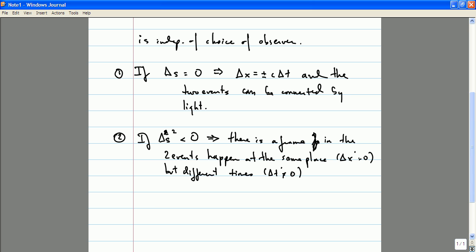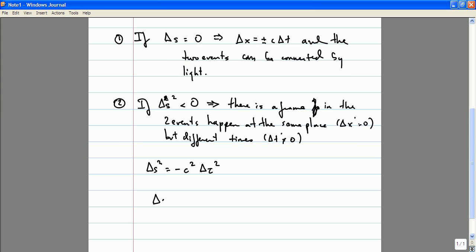In particular, delta s squared is minus c squared times delta tau squared, where delta tau is the time separation in the frame where the two events take place at the same location, which is to say it is the time between events in the frame where they are at rest.